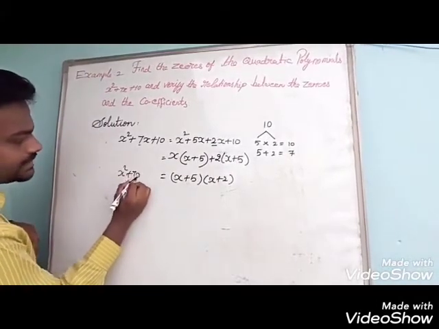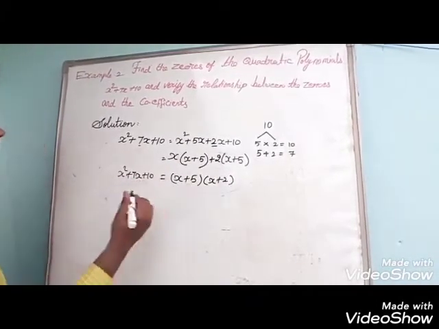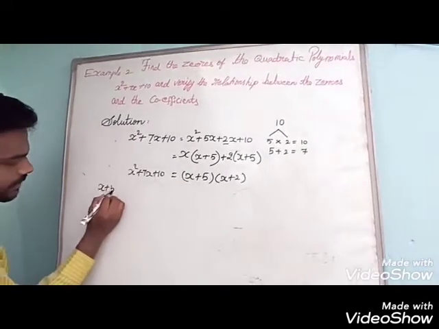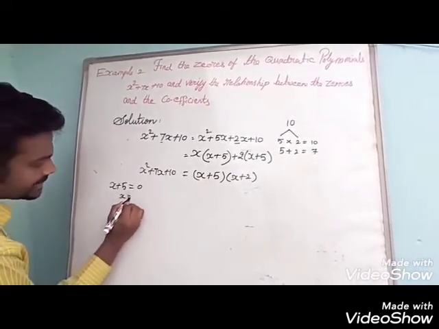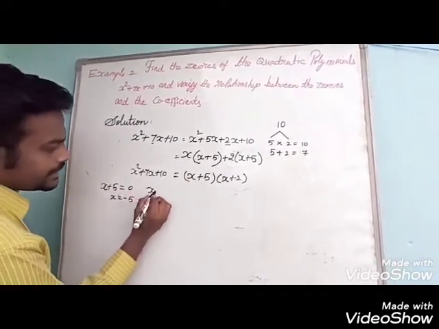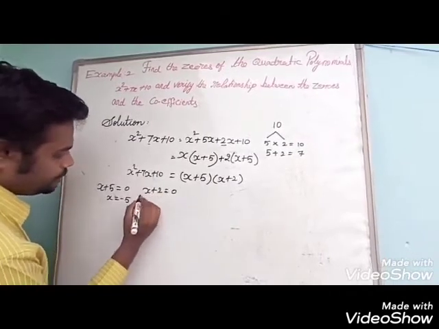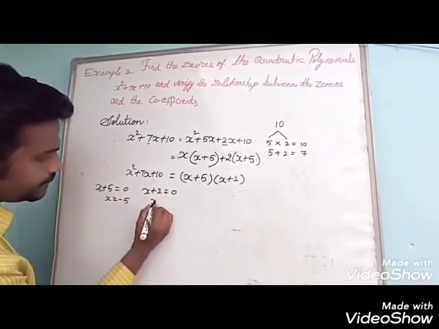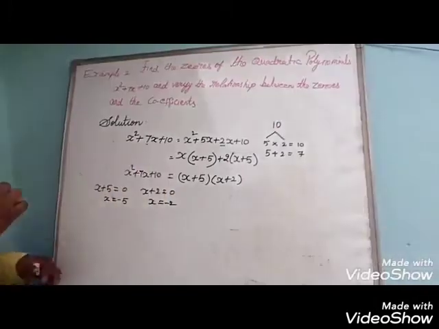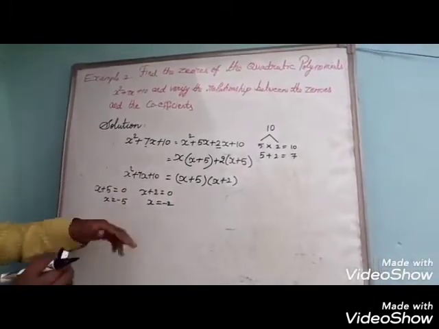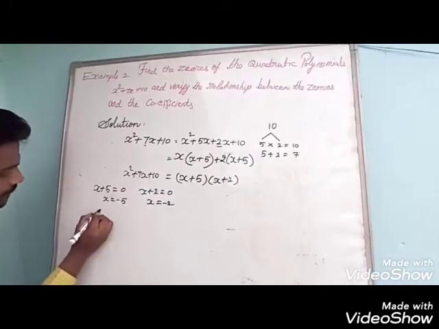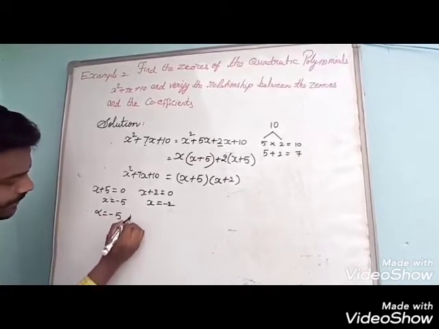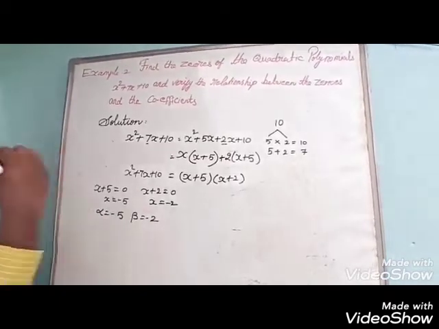So x square plus 7x plus 10 equals x plus 5 into x plus 2. Now x plus 5 equals 0, then x equals minus 5. x plus 2 equals 0, then x equals minus 2. So this is alpha and this one is beta. Therefore alpha equals minus 5 and beta equals minus 2.